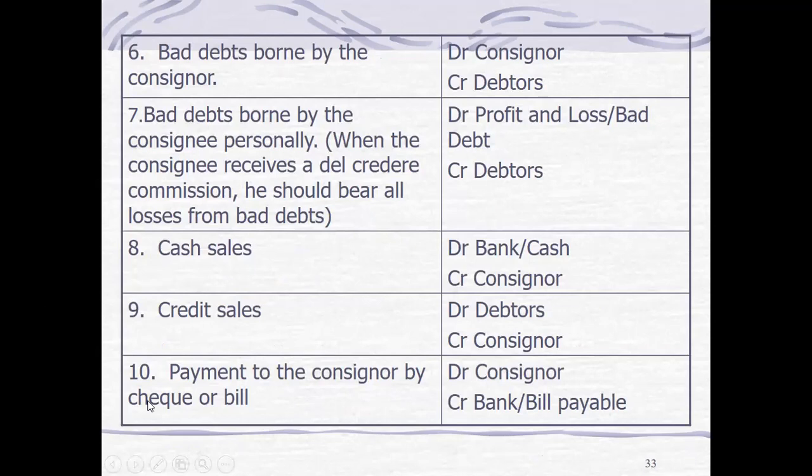Then payment to the consignor by check or bill. We are going to debit the consignor account, to be deducted for the remittance, and we are going to credit the appropriate payment that we made: cash in bank, or if that is just a bill, a billing statement which will be collected later on by the consignor.